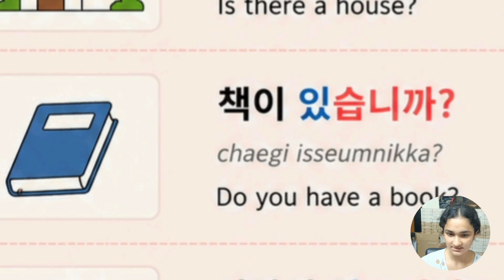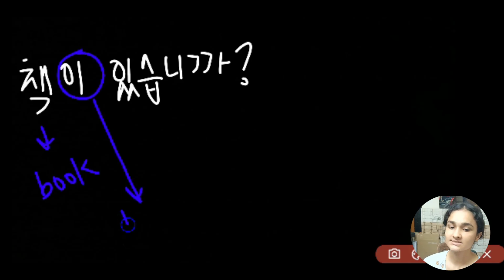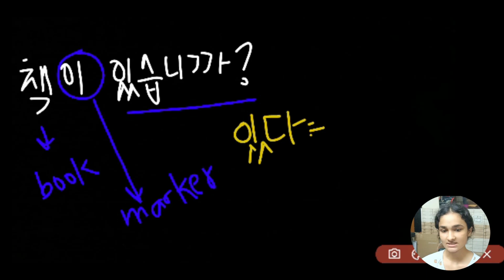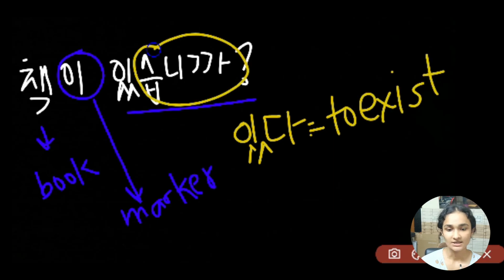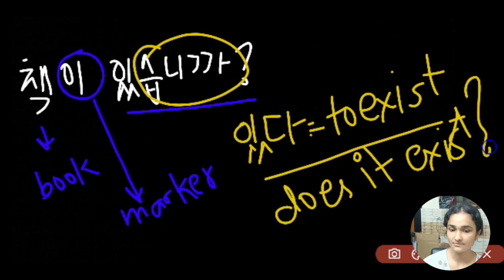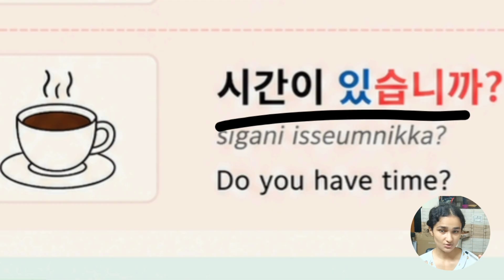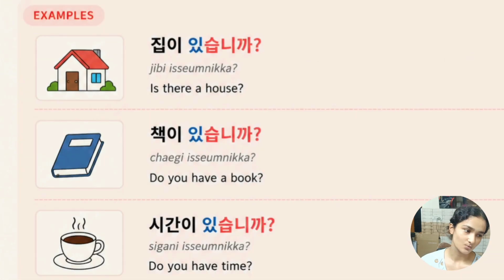The next is 책이 있습니까. 책 means book, 이 is the particle, and 있다 to exist plus 있습니까 becomes, do you have a book, or is there a book? The last is 시간이 있습니까, do you have time? Like you're calling someone and saying, I want to talk with you, do you have time? 시간이 있습니까.